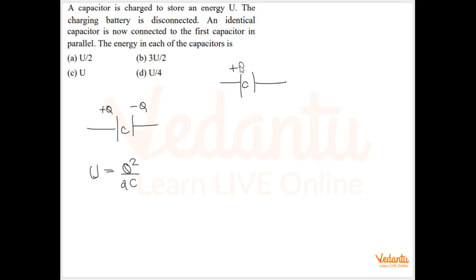When it is connected to another identical capacitor which is uncharged, what happens is, my dear bachcha, when the switch is closed, the charge will get redistributed, and since they are identical capacitors, both of them will now have half the original charge.